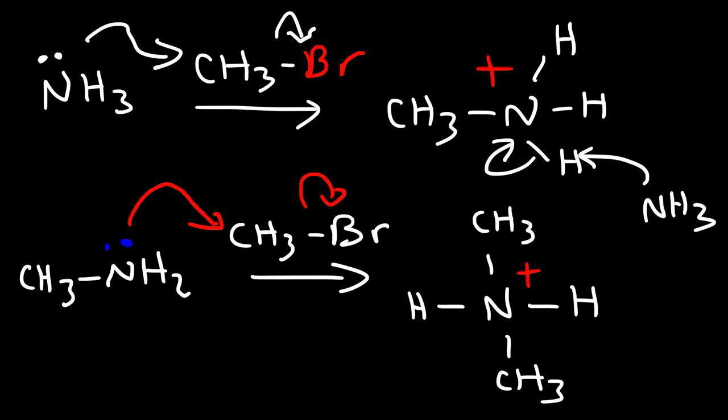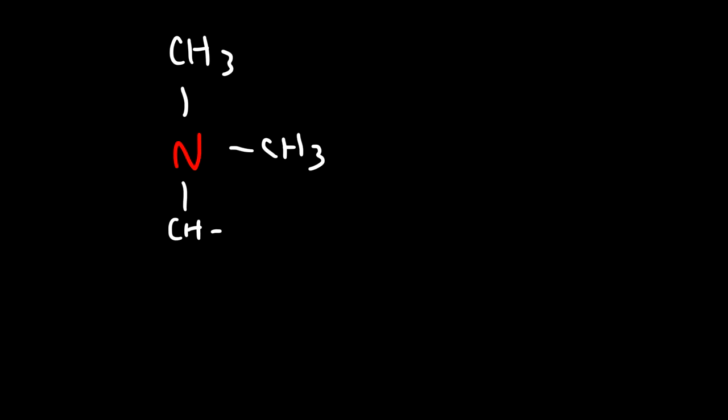And this process can repeat until the nitrogen atom has 4 methyl groups. This is called exhaustive methylation. So we need to find better ways to produce an amine because the nitrogen could attack an alkyl halide multiple times.